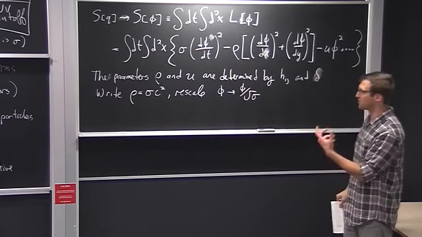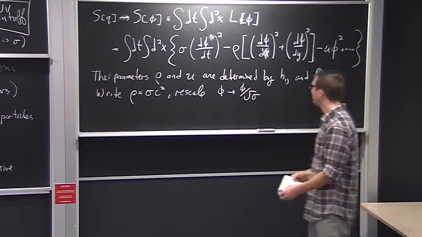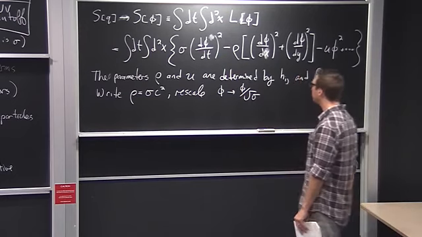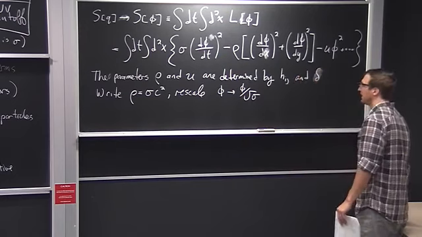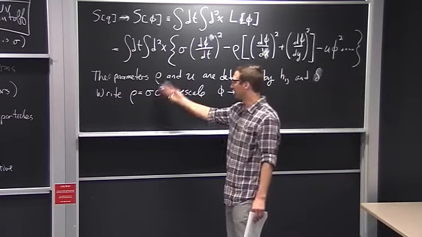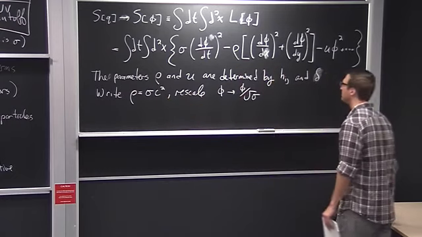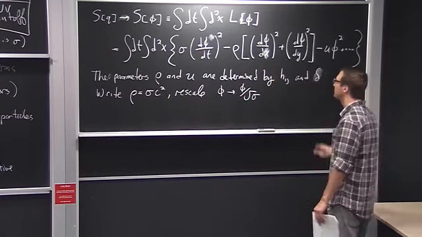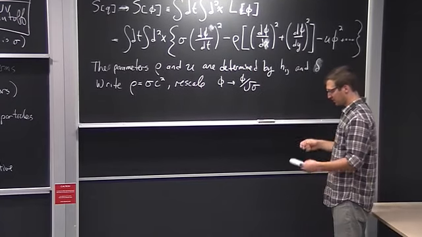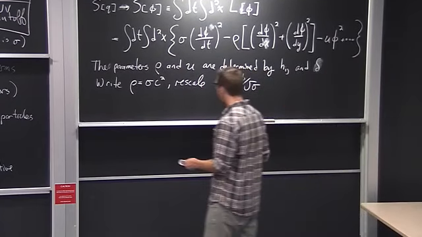So I'm just taking this mass per unit area and absorbing it into the field. And I've defined a new constant, c squared. Okay, so I'm just messing with constants.